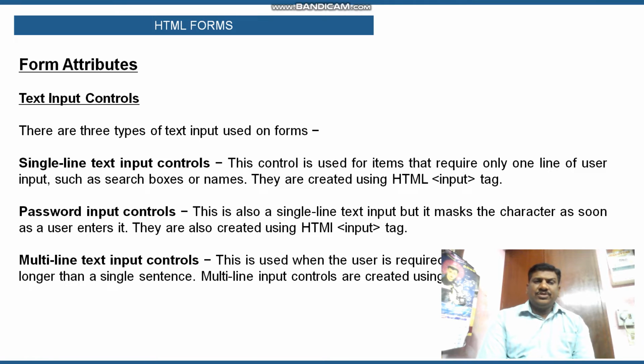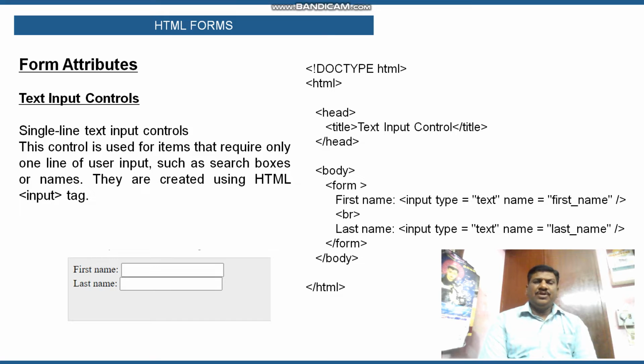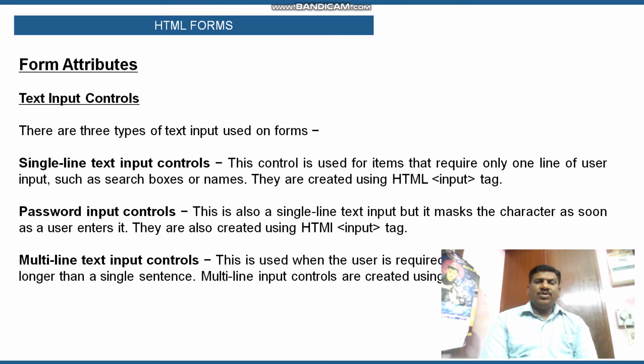Now we are going to see the text input control. We can have text input in three ways. The first one is a single line input. When you give your name, it is going to be in a single line. When you give your roll number, age, date of birth, everything will be in a single line.